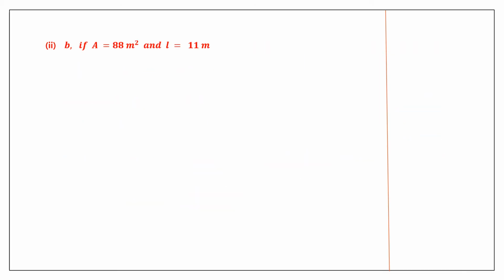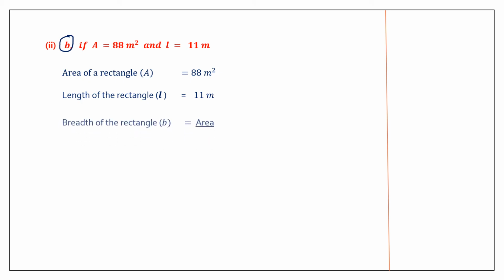The second question, we are asked to find breadth if area is equal to 88 meters square and length is equal to 11 meters. So let's write down what's given. Area of the rectangle A is 88 meters square. Length of the rectangle L is 11 meters. Now we need to find the breadth of the rectangle by using the formula area by length. So breadth of the rectangle is equal to area divided by length.